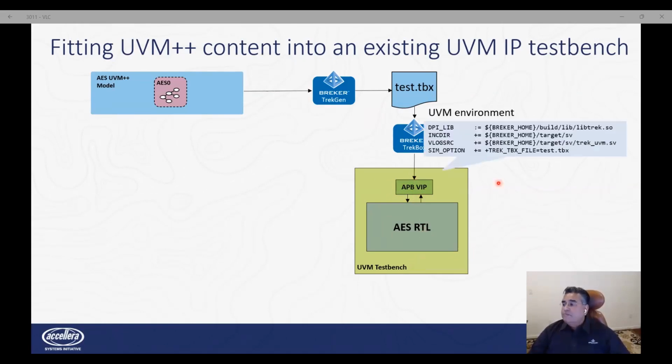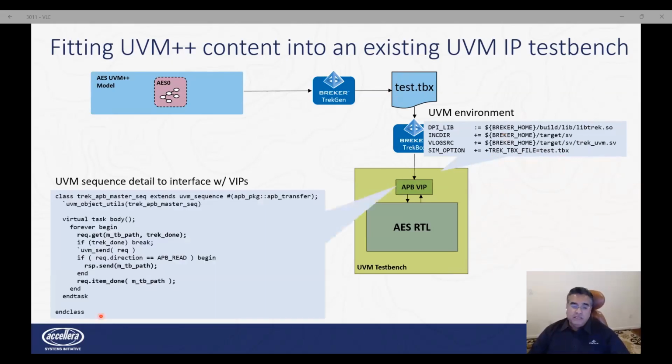We will take this environment and we will link in a DPI library provided by the tool. We will compile in some UVM code generated by the tool and pass it a pointer to the generated test case. If we don't pass this, all of the other content is completely idle and your environment runs as normal.